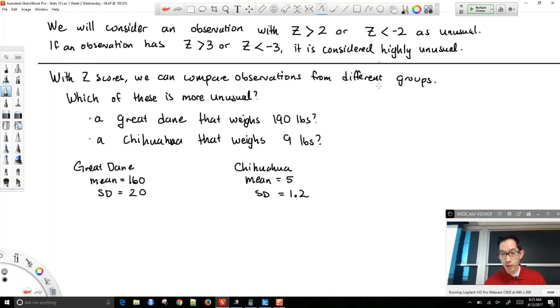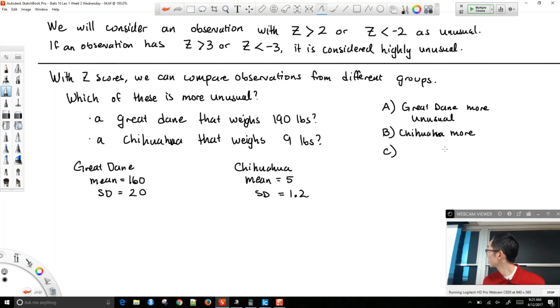And so your answer choices when you do the calculations will be the Great Dane is more unusual, or the Chihuahua is more unusual, or we will say neither is more unusual.